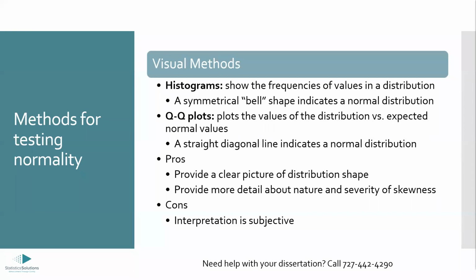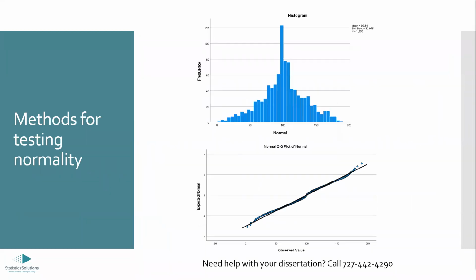And so let's look at some examples of what these visual plots look like. In this example here, we see data that are approximately normally distributed. At the top, we see an example of the histogram where we see that symmetrical bell shape.